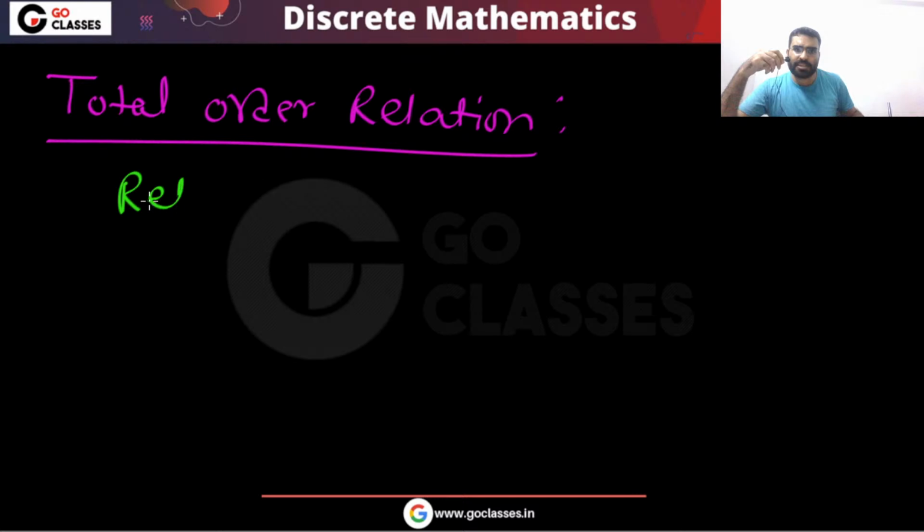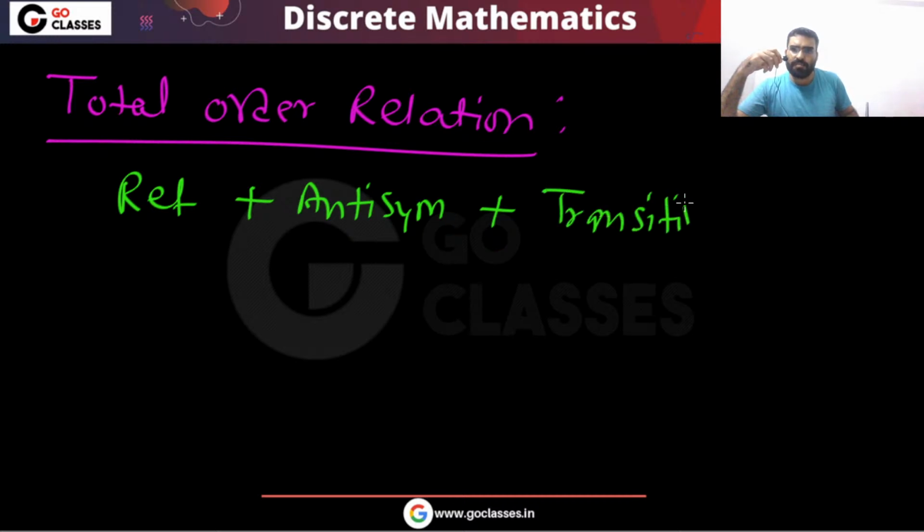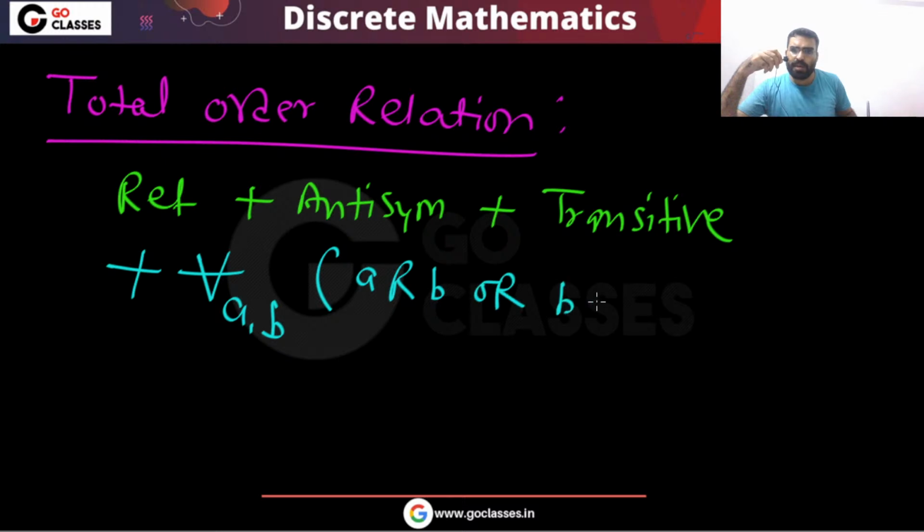It should be reflexive, it should be anti-symmetric, it should be transitive. So this is the partial order, and this is the partial order plus every two elements must be comparable. For all A comma B, either A is related to B or B is related to A.